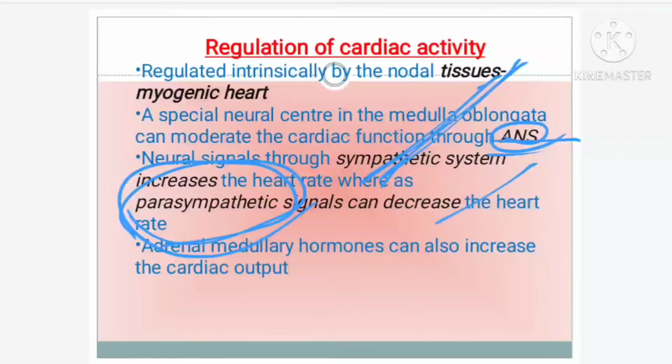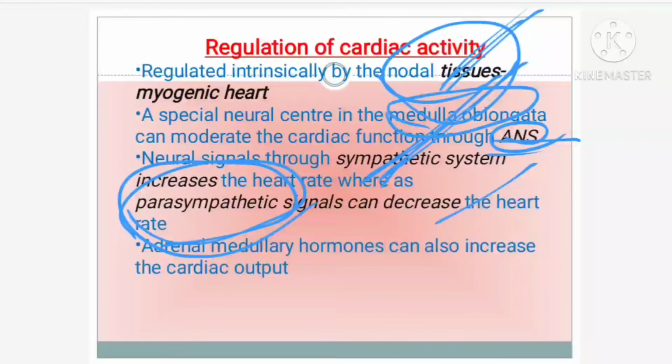So these are all nerves, sympathetic nerves and parasympathetic nerves, which are regulating your heartbeat. They are increasing, they are decreasing. Like that they are regulating what? Your heartbeat. So heartbeat is regulated first by whom? The nodal tissues. For controlling the nodal tissues, there are nerves in the brain which are responsible. In which part is it located? In the medulla oblongata.